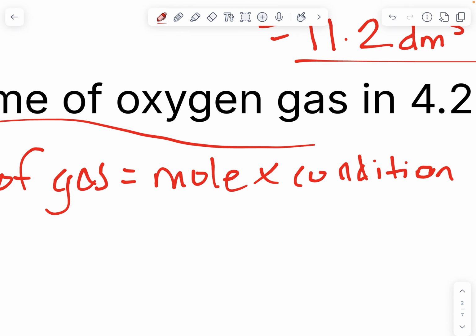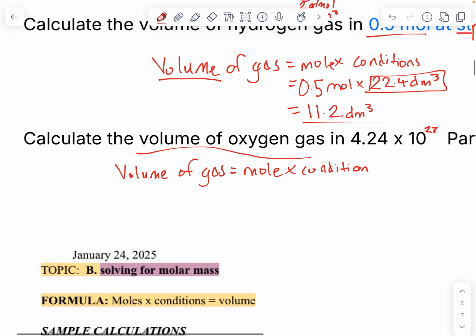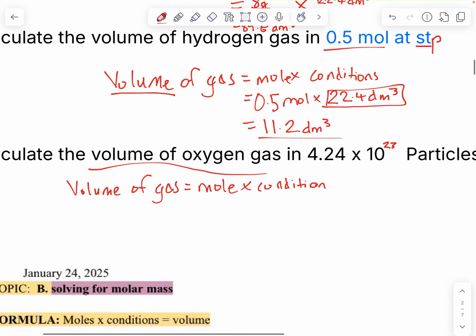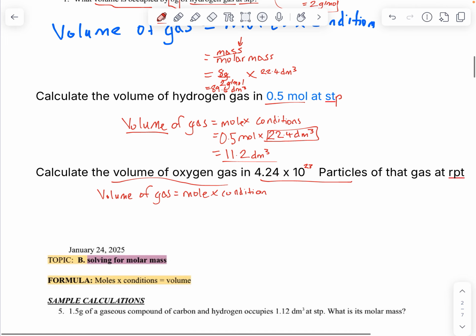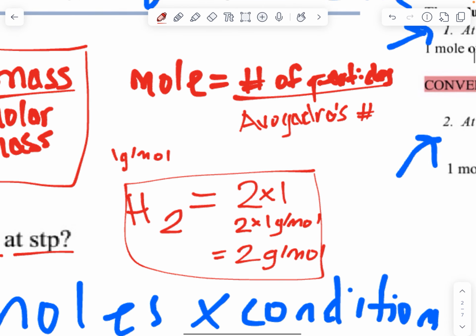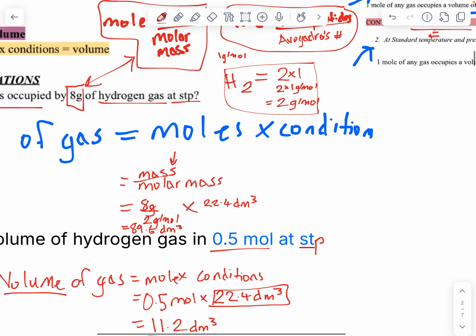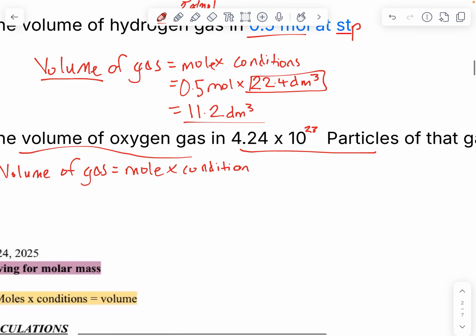Now let us look at our question. We were given the conditions, but we were not given the mole, right? And we were given the number of particles. The only equation that we have that relates to number of particles is how the mole relates to particles. Mole is equal to number of particles divided by Avogadro's number, right?